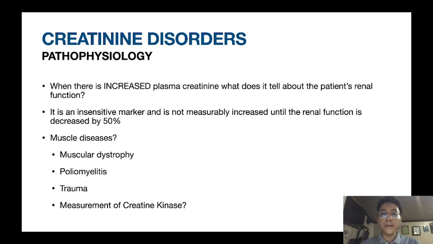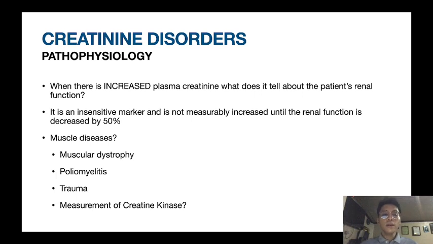So there is impairment of the function or there is renal failure, because our kidney cannot filter the creatinine. That's why it accumulates in the blood. So there will be increased plasma creatinine. So it is actually an insensitive marker and is not measurably increased until the renal function is decreased by 50%, or I said earlier 70 to 80%.